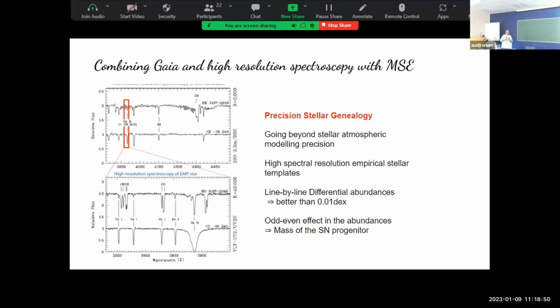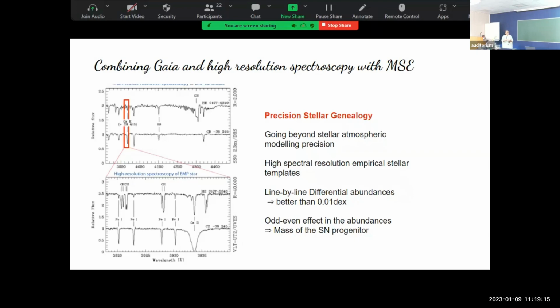Depending on the mass, stars make odd elements versus even elements differently. It's a part of the nuclear process. Alpha capture would dominate if you are a massive star, and odd elements would need weak interactions to happen. So even elements are high in the massive star ejecta versus odd elements.